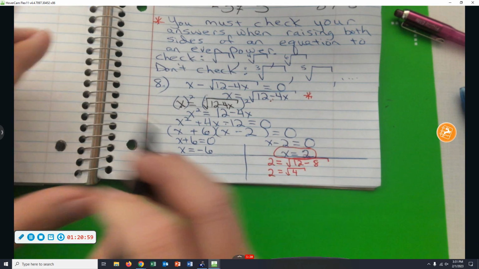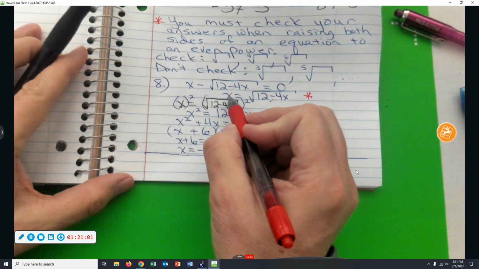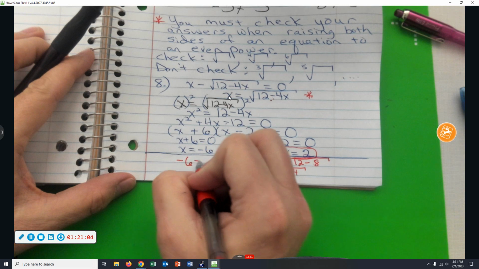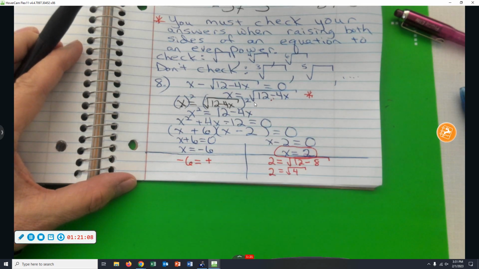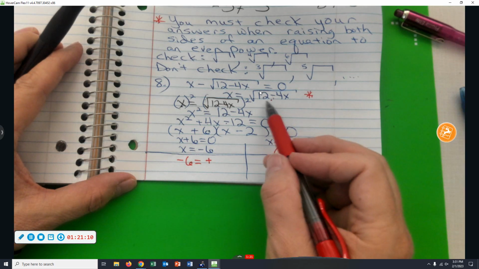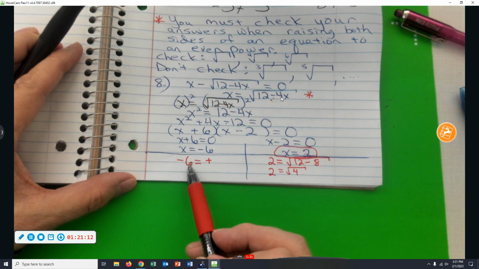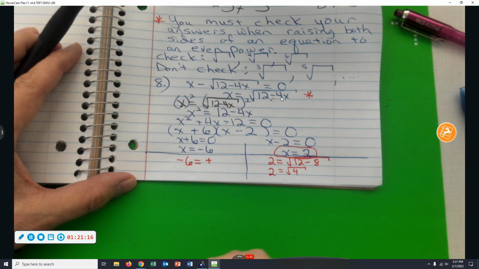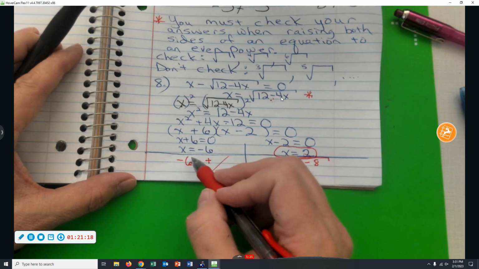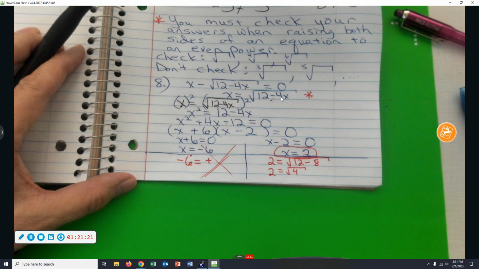So we're plugging in negative 6. Negative 6 equals, we've already said that's a positive number there. The exact value doesn't matter. Can negative 6 equal a positive number? Can a negative equal a positive? No. So negative 6 does not work.